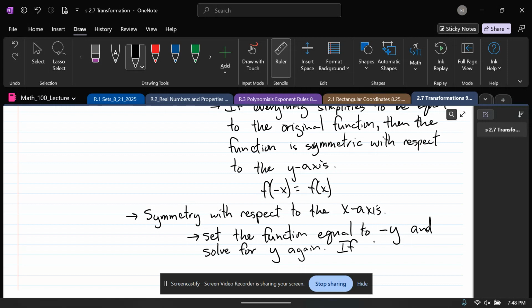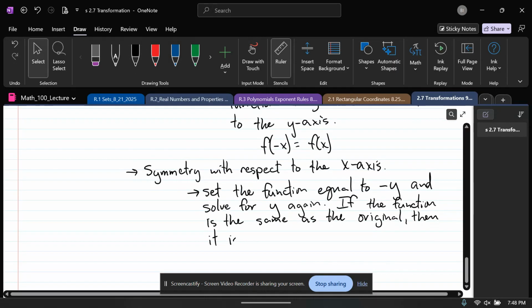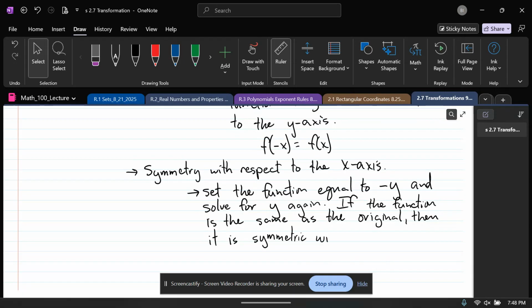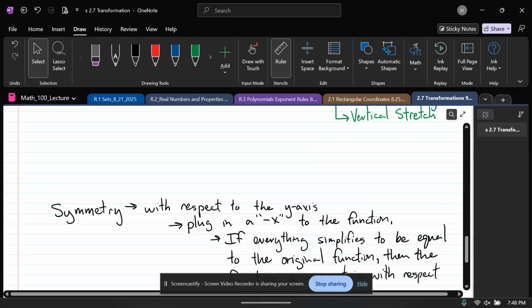If the function is the same as the original, then it is symmetric with respect to the x-axis. That would mean you could fold it on the x-axis and it would match up.